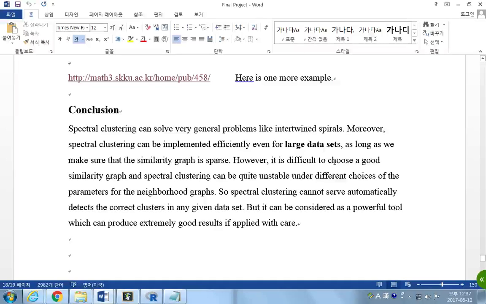However, it is difficult to choose a good similarity graph, and spectral clustering can be quite unstable under different choices of the parameters for the neighborhood graphs. So, spectral clustering cannot automatically detect the correct clusters in any data set, but it can be considered a powerful tool which can produce extremely good results if applied with care.